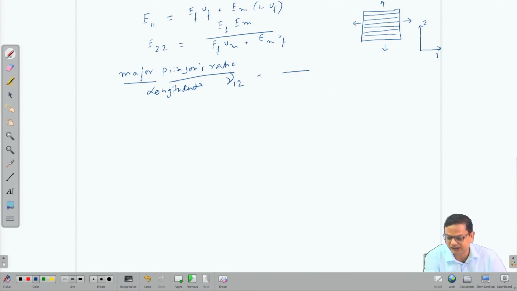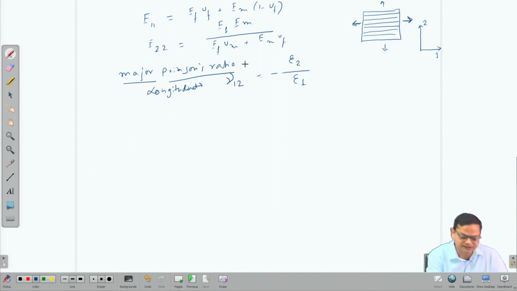You can see here, for longitudinal loading, it will be epsilon 2 over epsilon 1, and epsilon 2 is contraction, so there will be a negative sign here.